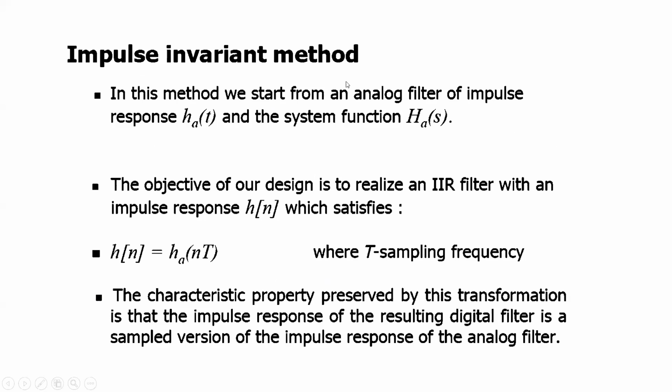These two are very important methods, which will define the analog domain and the digital domain, and how the analog frequency is related to the digital frequency, and how you can convert analog filters to digital filters perfectly. So two methods are there: the impulse invariant method, and the second method, the bilinear transformation, that I will cover in my next lecture.